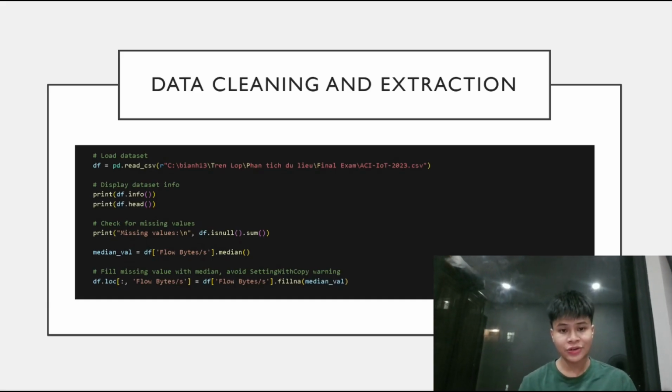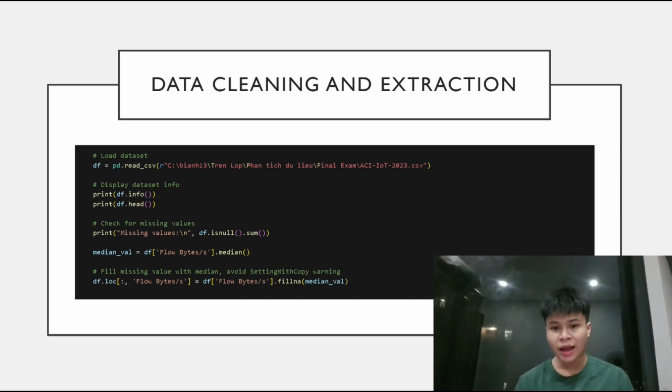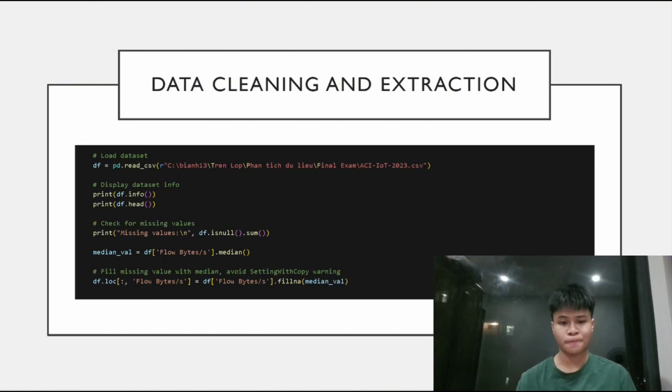After gathering raw IoT network traffic data, our very first and most important step was cleaning and extracting the data. Why was it so crucial? Because if you put garbage in, you get garbage out. Poor quality data leads to unreliable results.